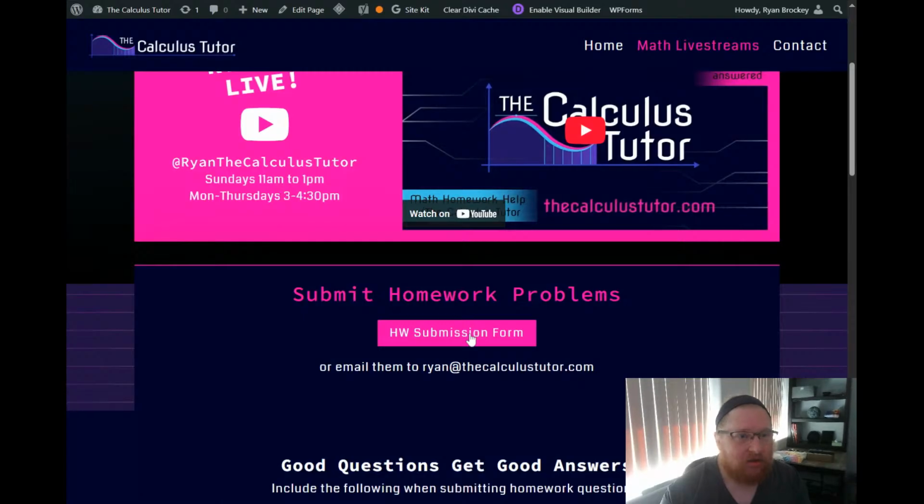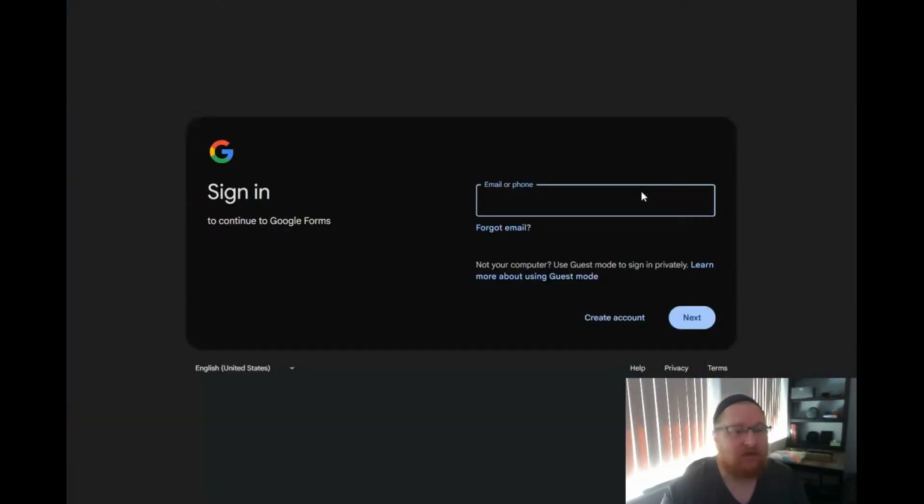Actually, if you're not signed in, you'll just get a sign-in window, and if your school Google account won't play nice, you'll just have some sort of message here that tells you that your organization doesn't allow you to access forms that aren't part of your organization or whatever. If somebody were to send a screenshot of that to me, maybe via email or something, that would be fine. That would let me know a lot. Anyway, that's what you'd see.